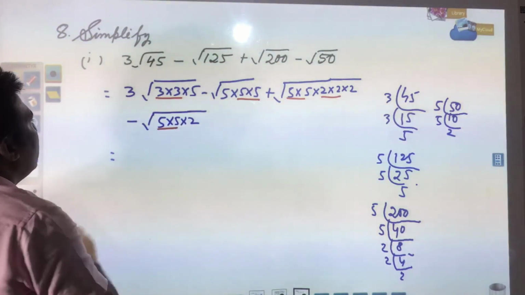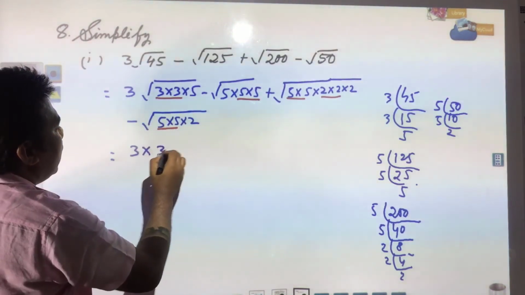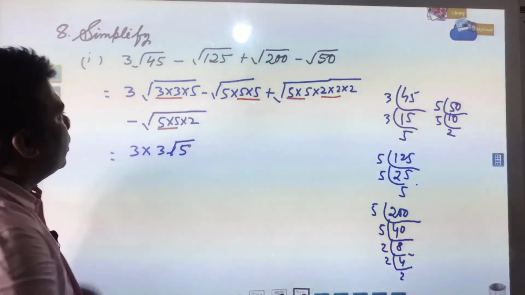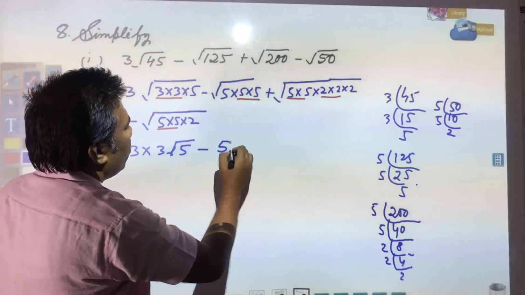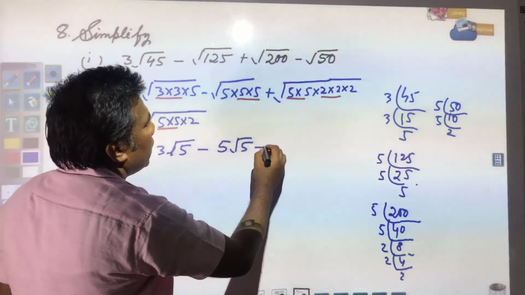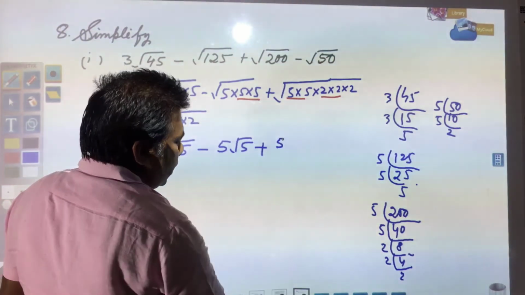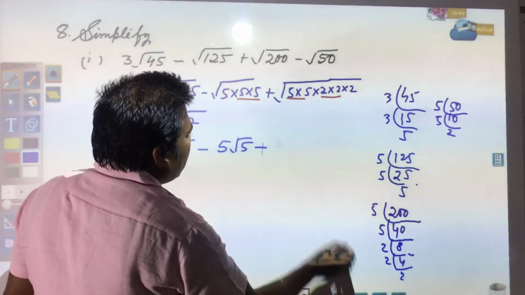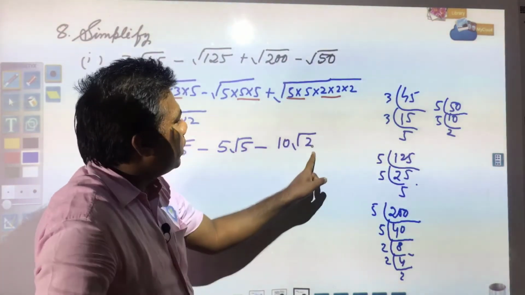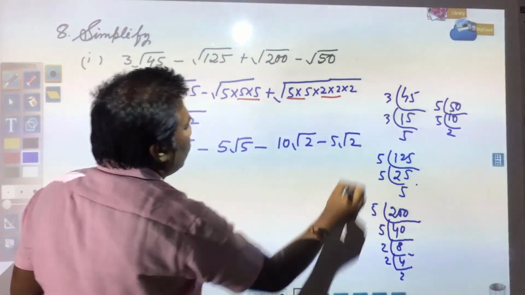So, this can be written as 3 into 3 into root 5, this term minus 5 root 5, this term plus 5 into 2, 5 2s are 10 you can write directly. So, 10 root under 2, this 2 is left, and minus 5 root 2.